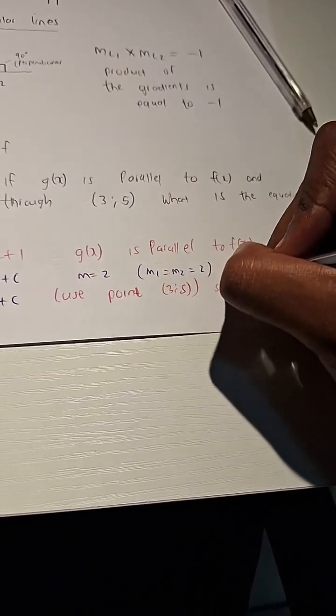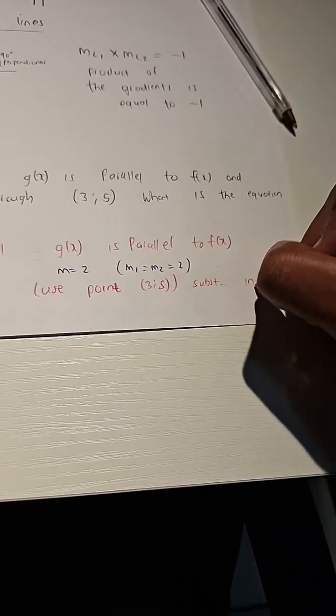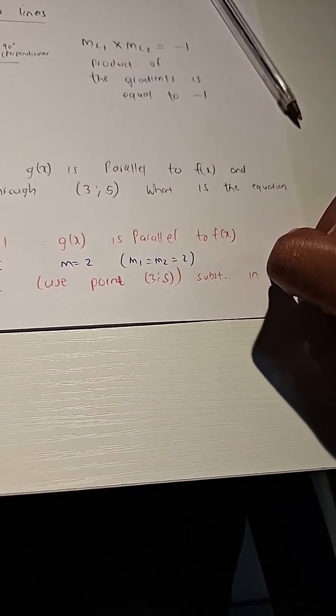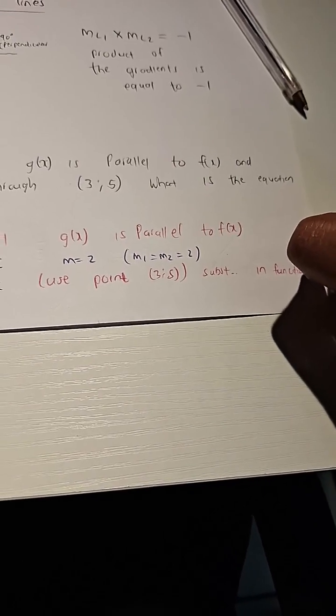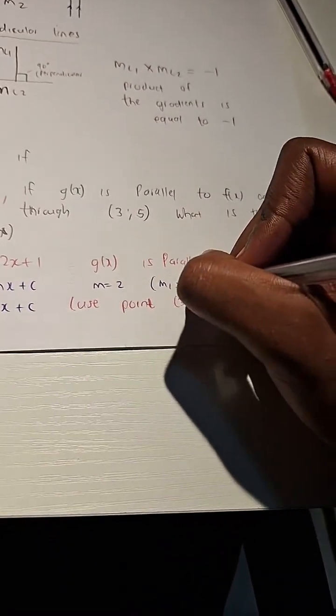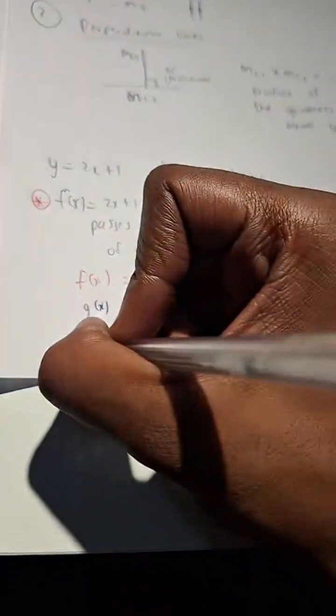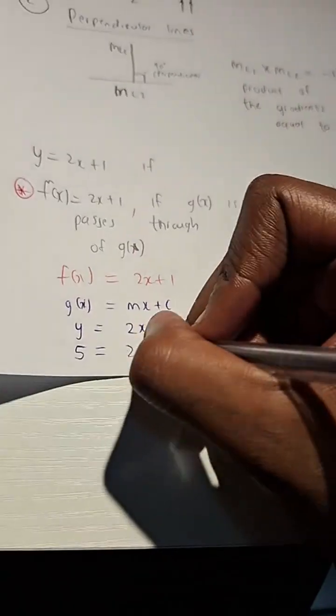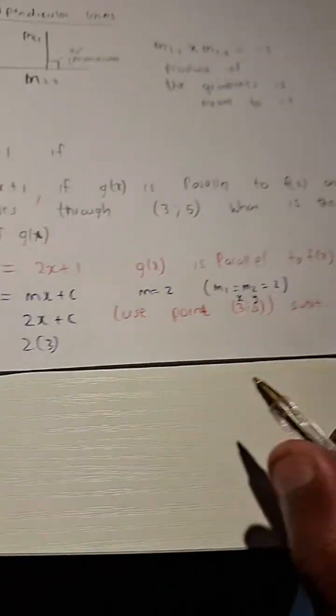So we are going to substitute in the function. Let's do that. x is equal to 3, y is equal to 5. So where y is, we substitute 5. Where x is, we substitute 3. Okay?